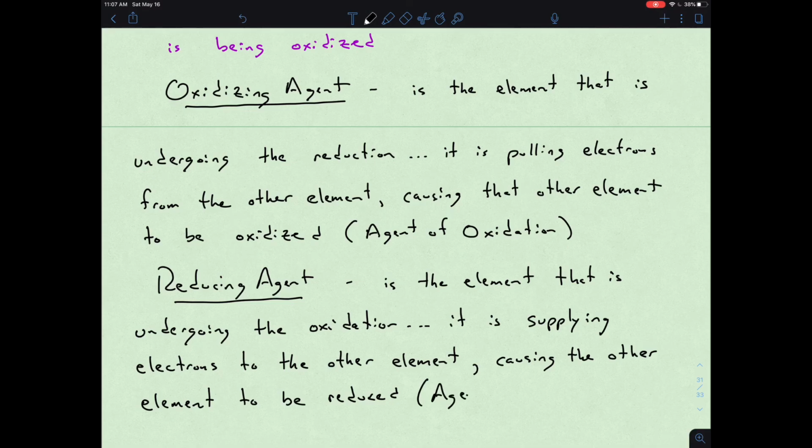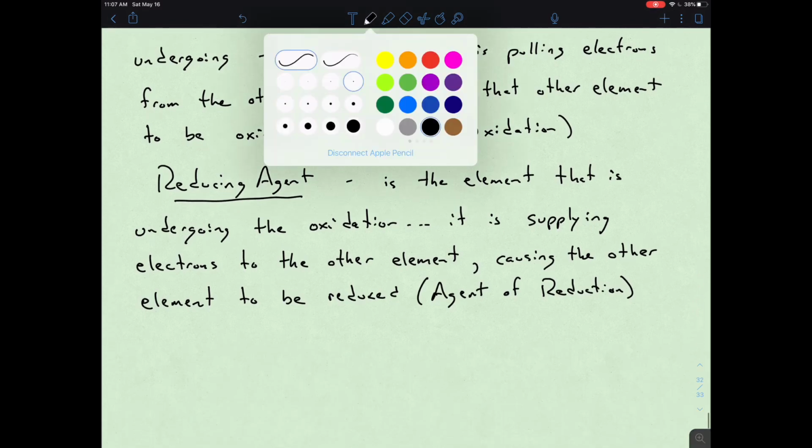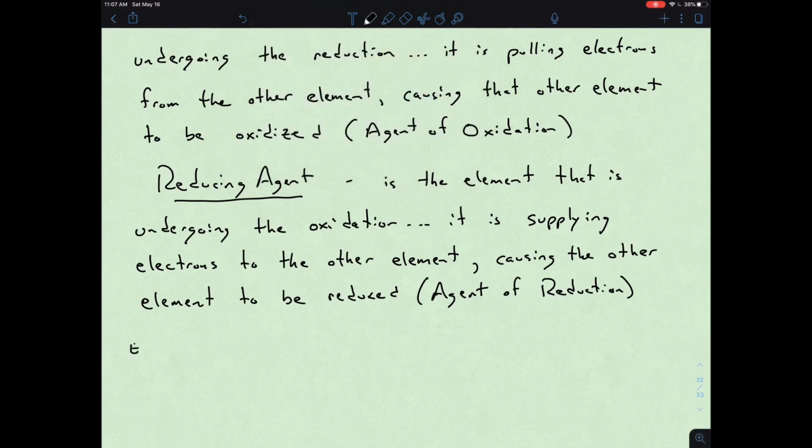So you could say it's the agent of reduction. So there's some other terminology. Let's do one more example of a redox reaction. And look at, again, this identification process.